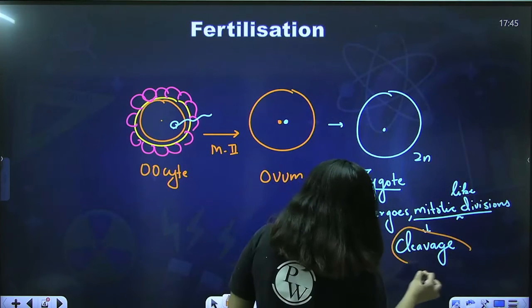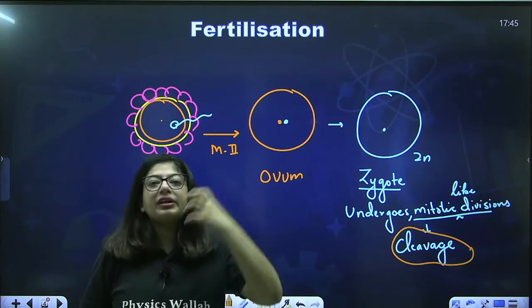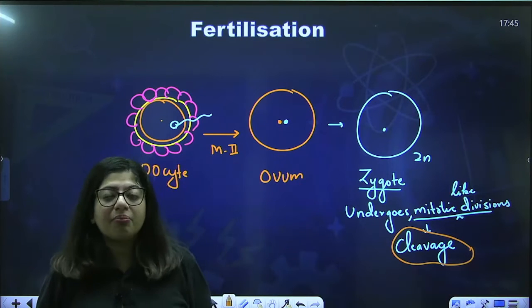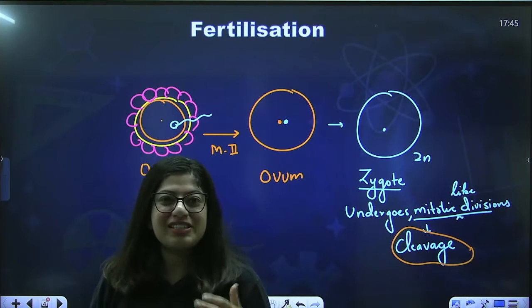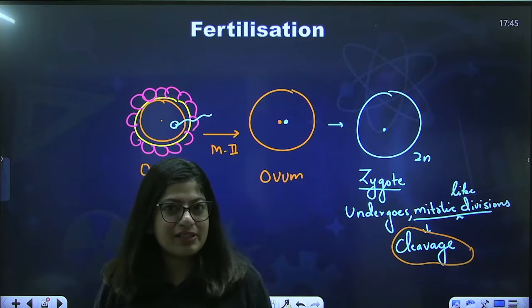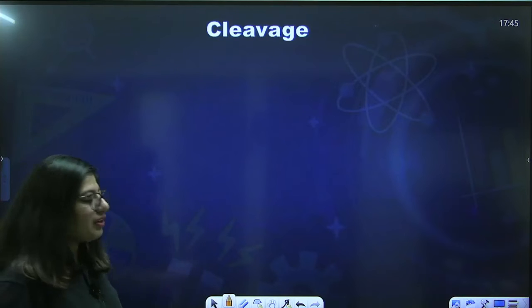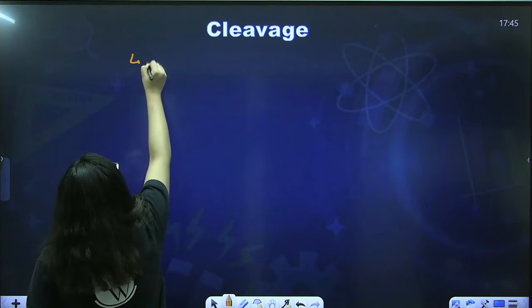The zygote will undergo these divisions known as cleavage so that it can divide further and increase the number of cells. Just a single cell, how is it going to be a human? Definitely we need a number of cells. So the next stage that occurs after fertilization is cleavage, and as I have told you, it is like mitosis.